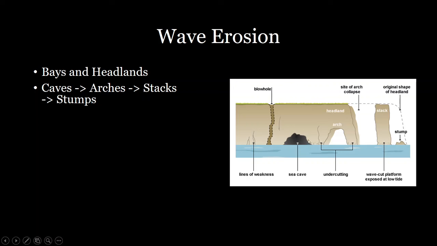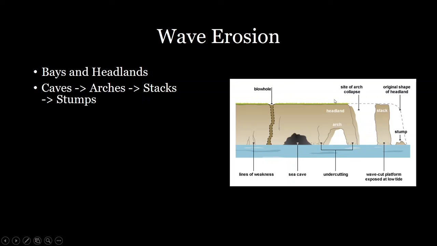As you have cracks develop within a headland, as you have wave erosion occurring, those cracks can develop into a cave, and eventually that cave might go all the way through that headland wall and form an archway, where you have significant undercutting, and this archway forms in the headland.